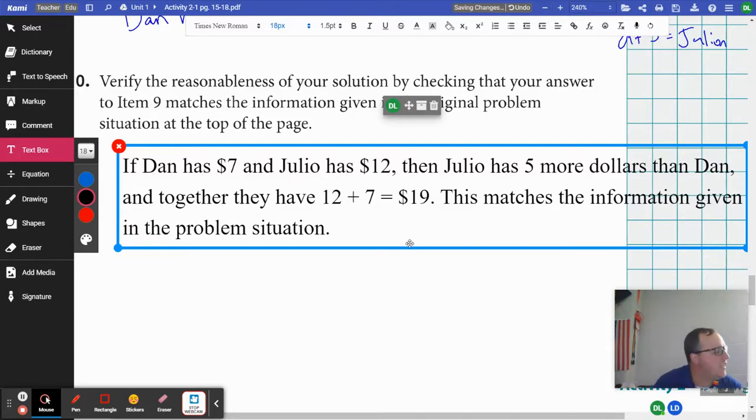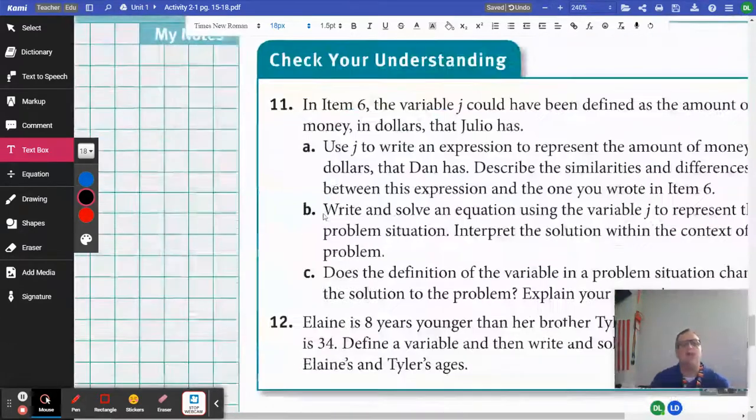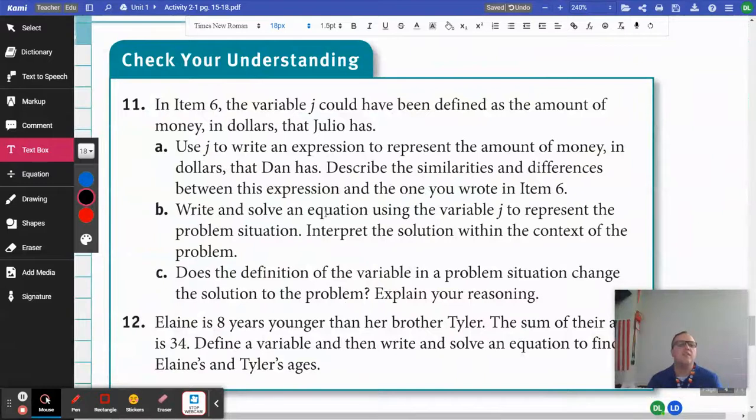All right, let's take a look at 11 and 12. 11 says use item 6 to check your understanding. The variable J could be used to define the amount of money in dollars that Julio has. Use J to write an expression to represent the amount of money in dollars that Dan has. Describe the similarities and the differences between this and the expression that you wrote in item 6.